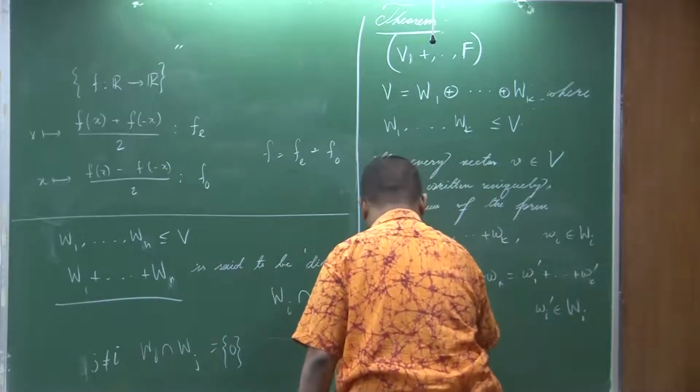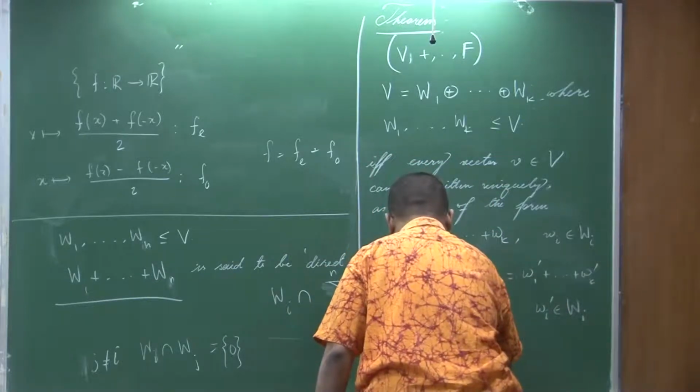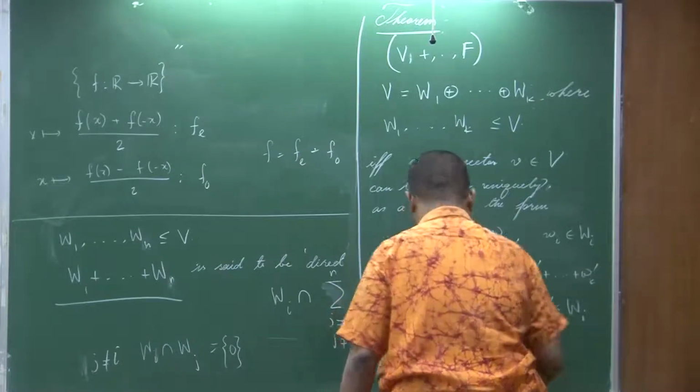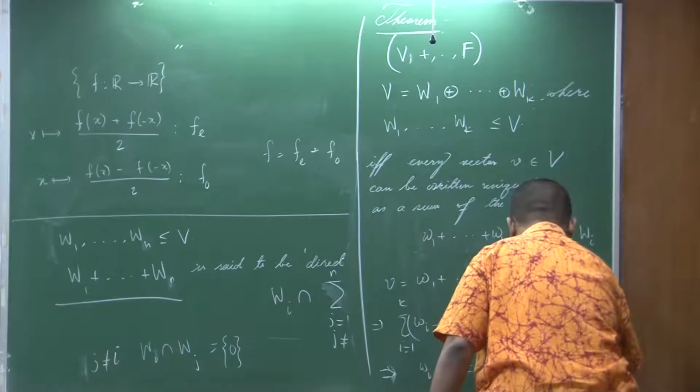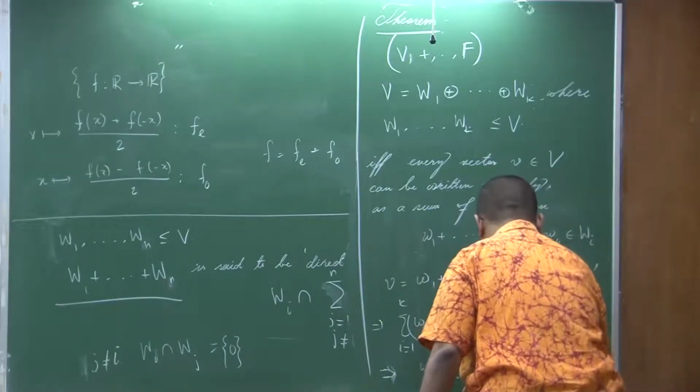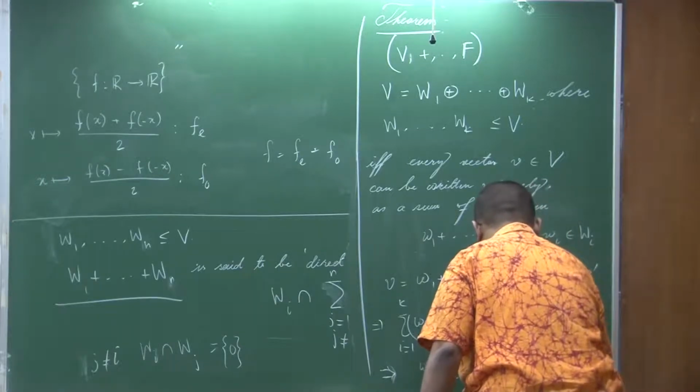Then wi minus wi prime can be written as the sum of wj minus wj prime, j from 1 up to k, j not equal to i.